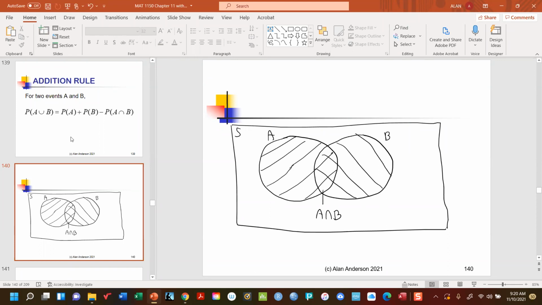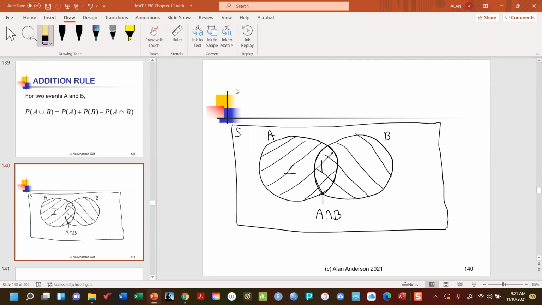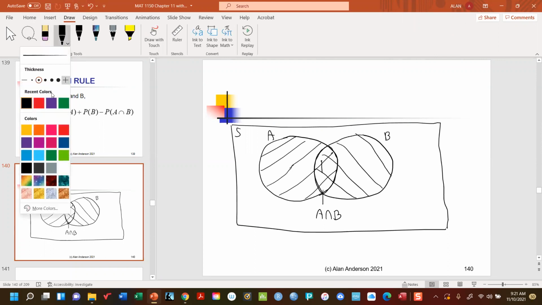I'm going to define section 1 as everything in A that does not overlap with B. Section 2 will be, actually, let me do that in a different color, just to make it easier to read.